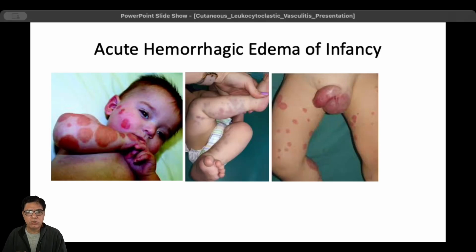So this is acute hemorrhagic edema of infancy. Again, as I said, this is leukocytoclastic vasculitis, so there is an underlying inflammation. Idiopathic, secondary to viruses, secondary to drugs, nobody knows. So this is the infantile form of leukocytoclastic vasculitis.